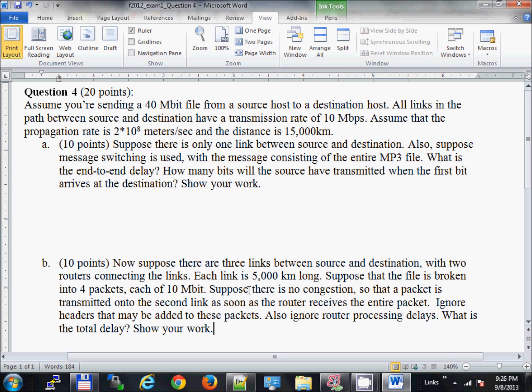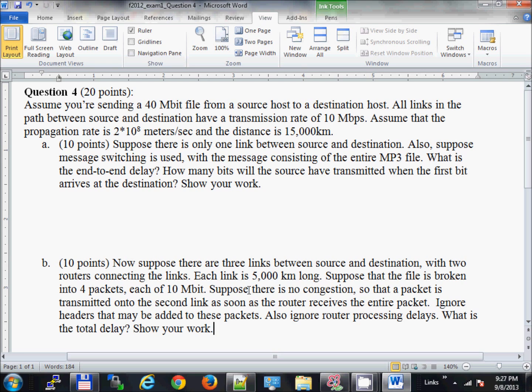In question A, suppose there is only one link between the source and destination. Also suppose message switching is used, with message consisting of entire MP3 file. What is the end-to-end delay? How many bits will the source have transmitted when the first bit arrives at the destination?